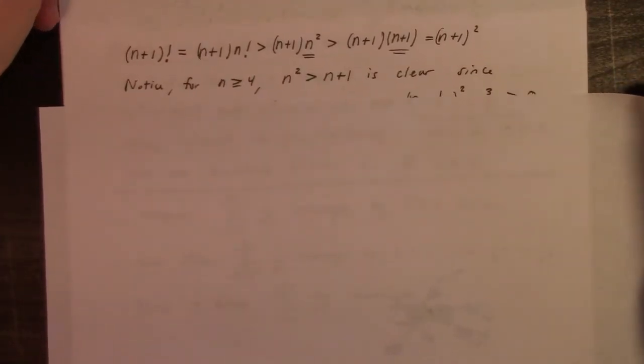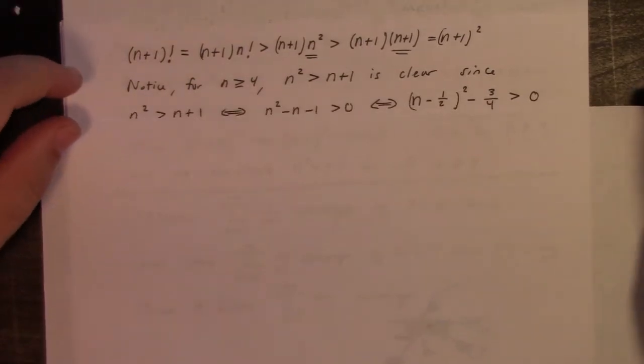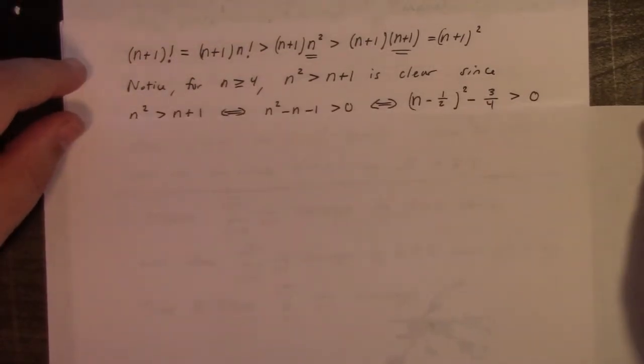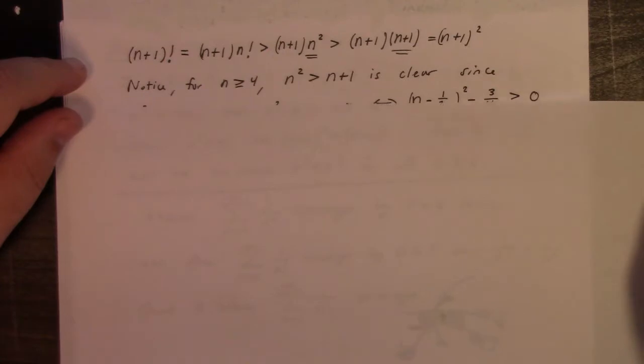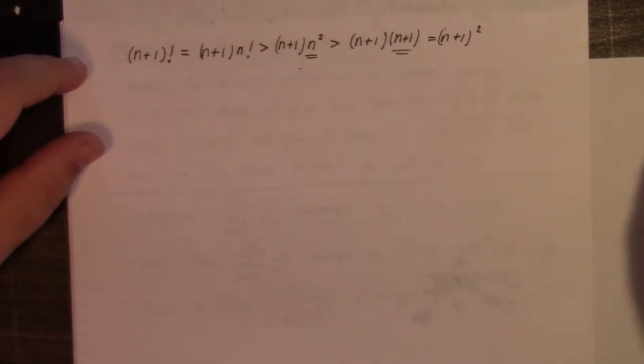Then n plus 1 factorial is equal to n plus 1 times n factorial, which, by the induction step, is greater than n plus 1 times n squared, which is greater than n plus 1 times n plus 1, because n squared is greater than n plus 1. I will explain that more below.